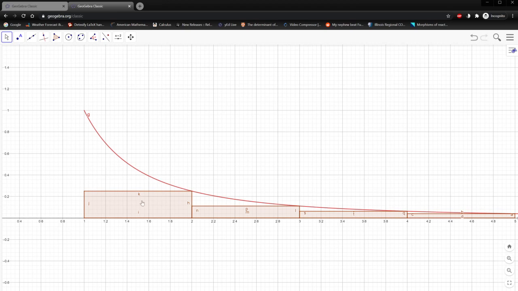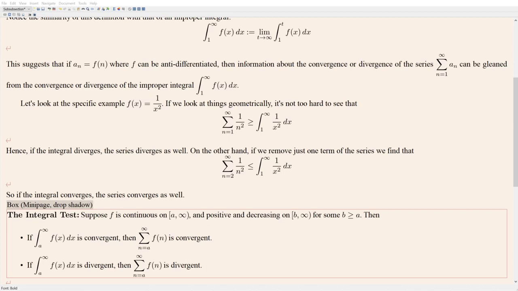So that means that the series, with the first term removed, is actually going to be smaller than the improper integral, because now everything lies beneath the curve. So indeed, this is the second observation that I've made here. If we take the sum from n equals 2 to infinity, instead of n equals 1 to infinity, then all of a sudden we get something which is smaller than the improper integral.